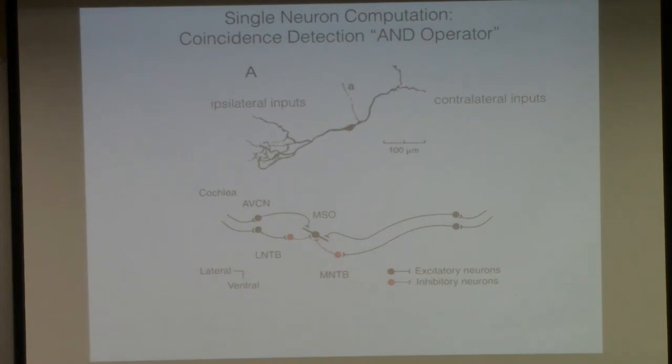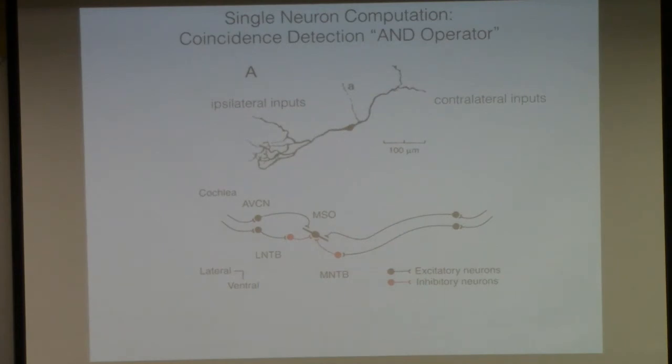And then the other dendritic branch gets inputs from the cochlea on the other side of the head. And so there's dual innervation of this neuron with inputs from opposing sides of the head landing on these two different dendritic branches. So there's ipsilateral and contralateral input.